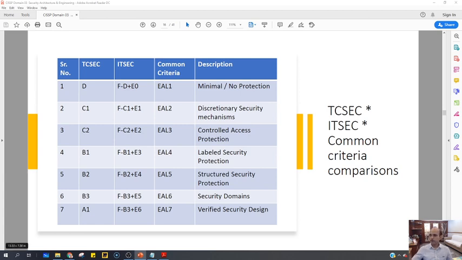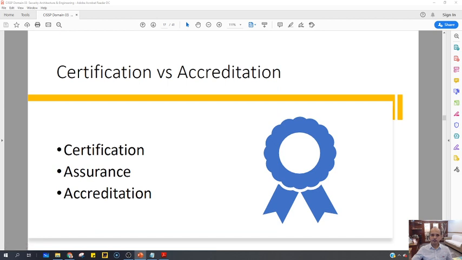Okay, moving further is certification and accreditation, or we can say certification versus accreditation. So three things we need to understand: what exactly certification means, what exactly assurance means, and what exactly accreditation means. Certification means to certify to meet the security requirement of the data owner.